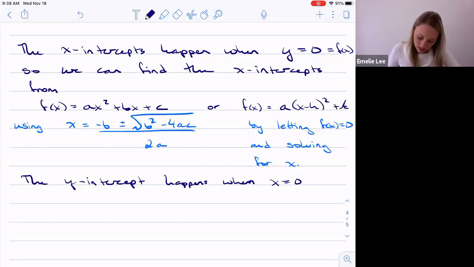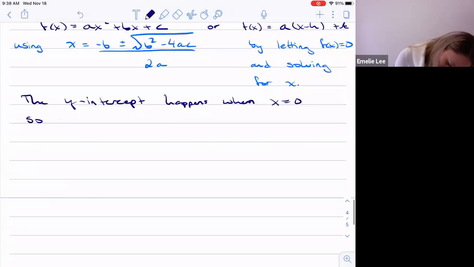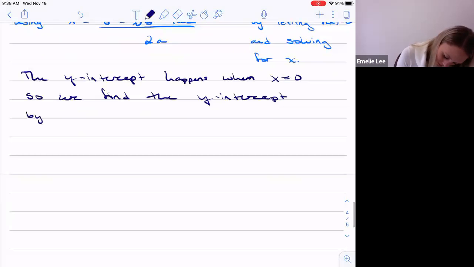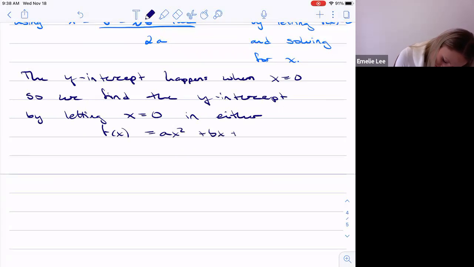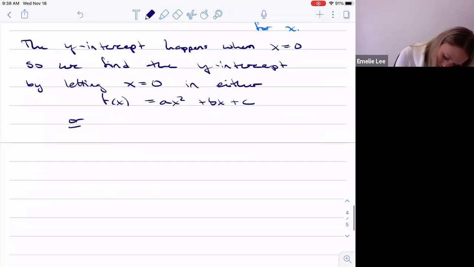So we can find the y-intercept by letting x equal 0 in either f of x equals ax squared plus bx plus c, or f of x equals a times x minus h squared plus k.